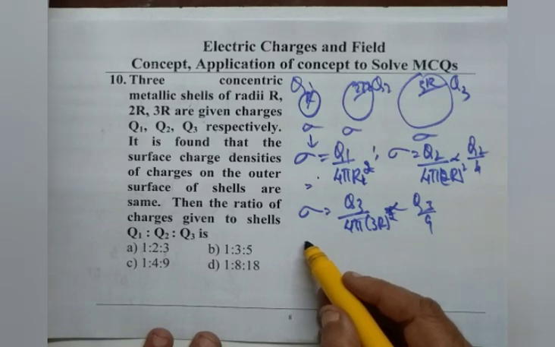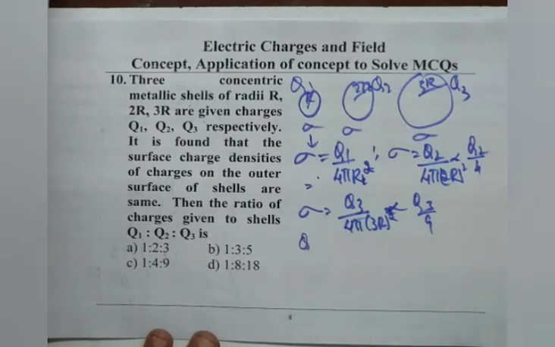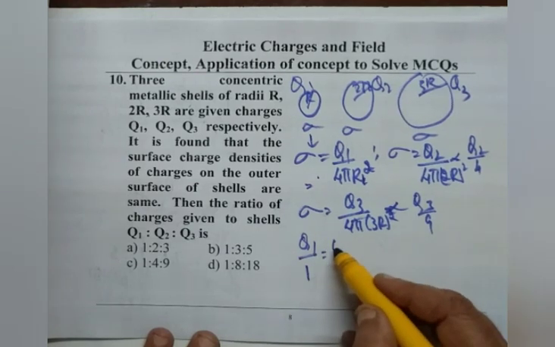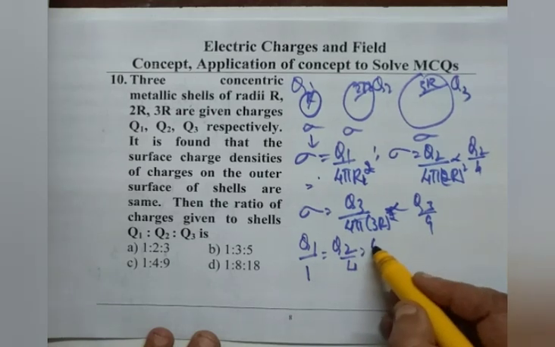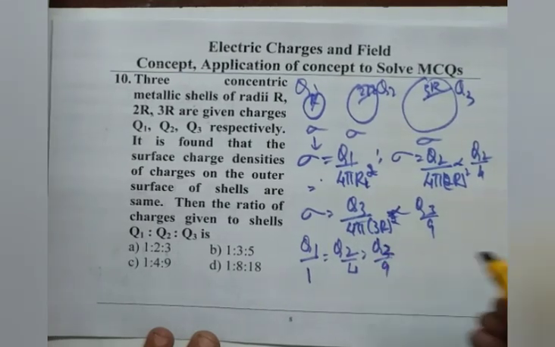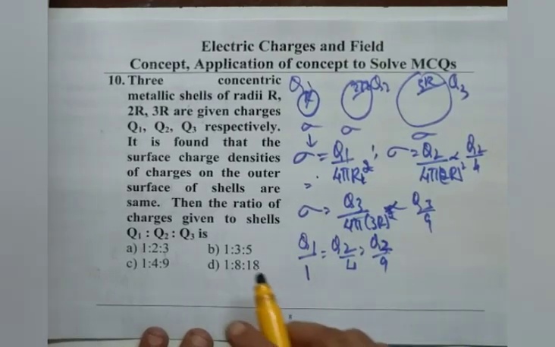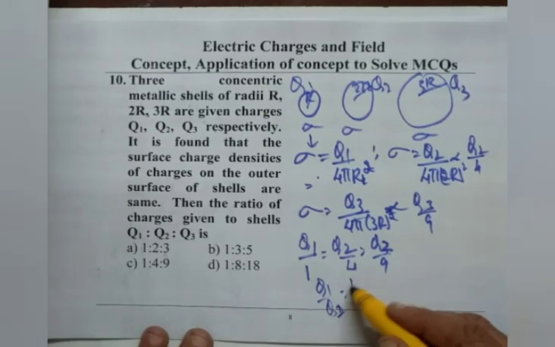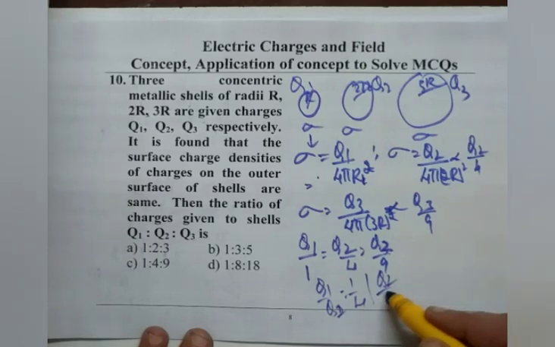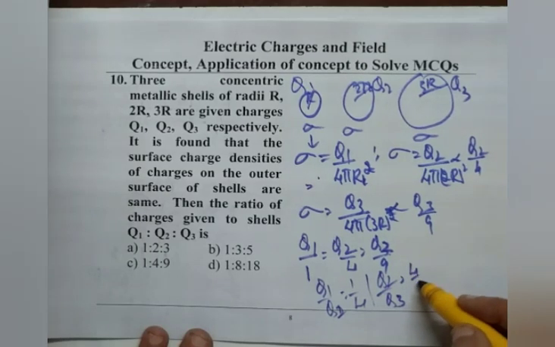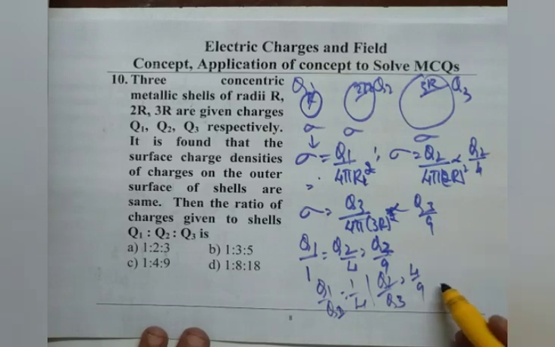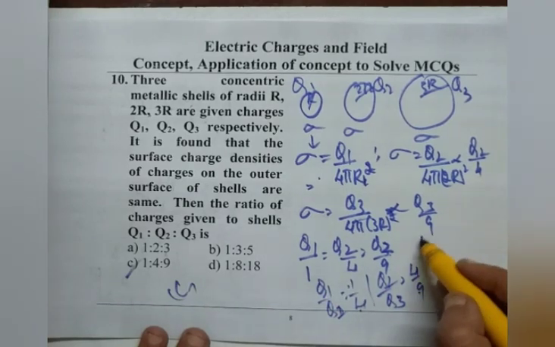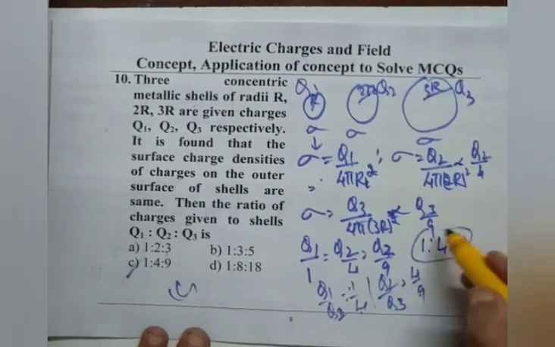So as all of them are the same, we can write q1 by 1 equals q2 by 4, which is equal to q3 by 9. We want the relation between q1, q2 and q3. We can write q1 to q2 is 1 to 4, and q2 to q3 is 4 to 9. Therefore, option C, 1 is to 4 is to 9, is the correct answer.